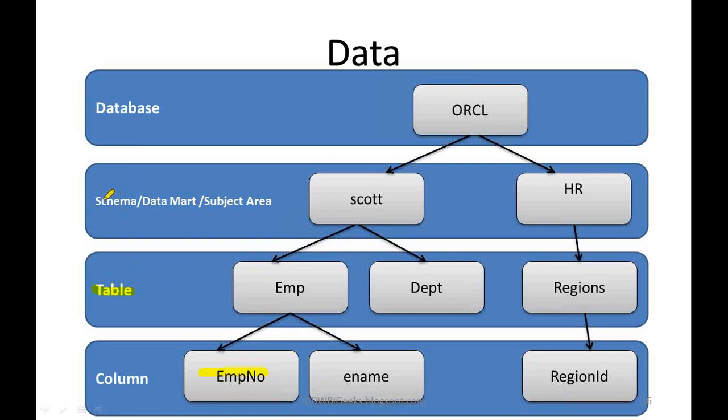As I have said, there are various names for that, like schema, data mart, subject area, and cubes as well. All these cubes or data marts will be present in a database. We are using a common database here for loading all the data from source systems. This database is our data warehouse.